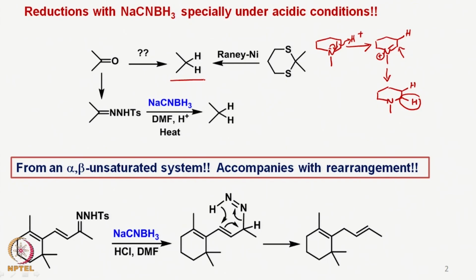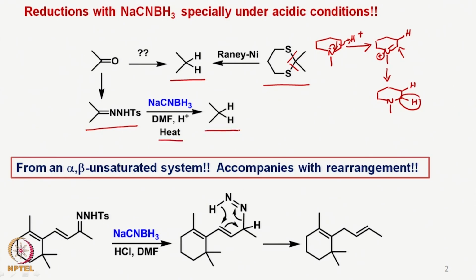One of the ways, as we discussed last time, was of course to convert the carbonyl group to a dithiane protection, and then do the Raney-Nickel cleavage where the carbon-sulfur bonds get cleaved. On the other hand, if we have to use sodium cyanoborohydride, then we convert the carbonyl group to the corresponding tosyl hydrazone, and this tosyl hydrazone under acidic conditions in DMF in the presence of sodium cyanoborohydride under heating gives the corresponding hydrocarbon.